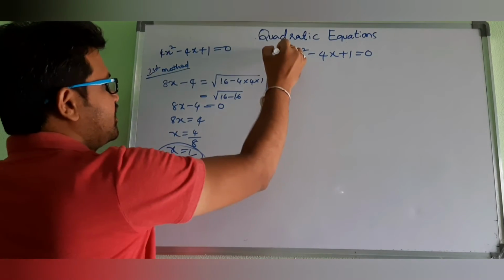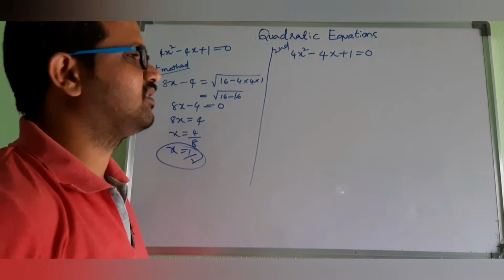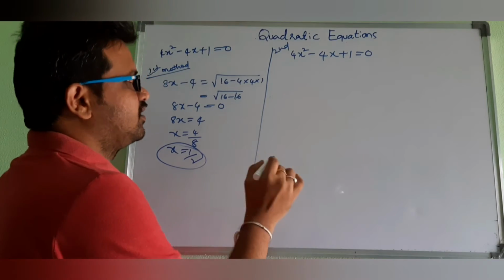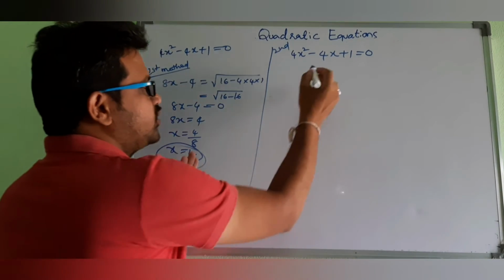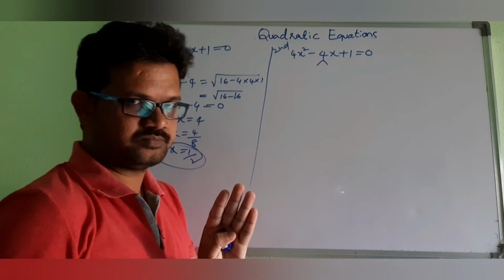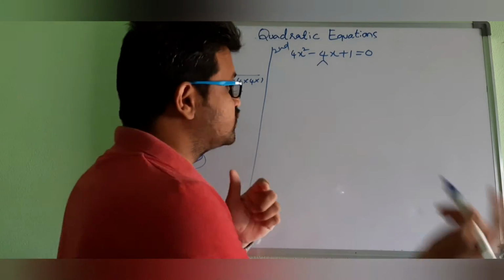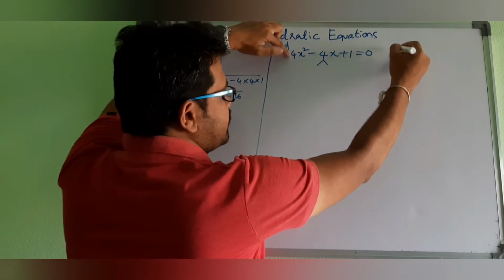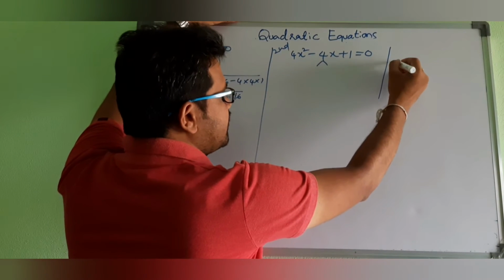So second method: 4x square minus 4x plus 1 is equal to 0. This is the second method, a very easy method. What we have to do here is split the middle term. How to split that? We have to follow one ratio. I am giving it here, you can note it down.